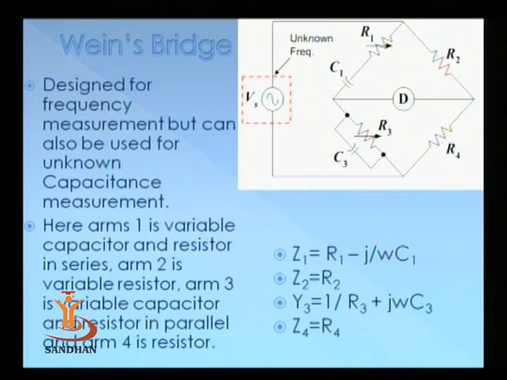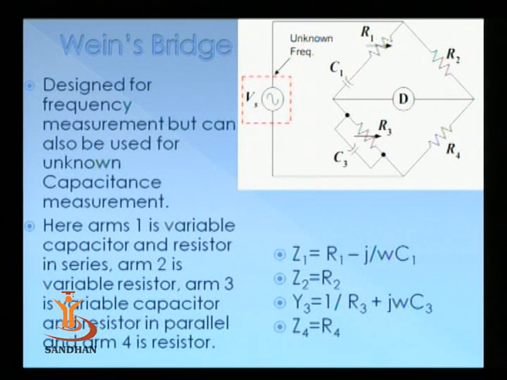So here we do not have any unknown value. Instead, we have an unknown frequency, and we tune the resistors R1 and R3 in order to make the null condition. The impedances of the arms are Z1 is equal to R1 minus j upon omega C1, Z2 is equal to R2. The admittance of arm 3, Y3, is equal to 1 upon R3 plus j omega C3, and the impedance of arm 4, Z4, is equal to R4.